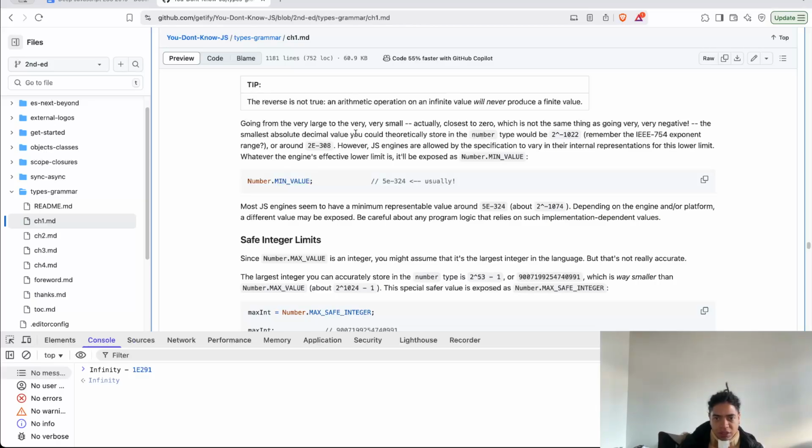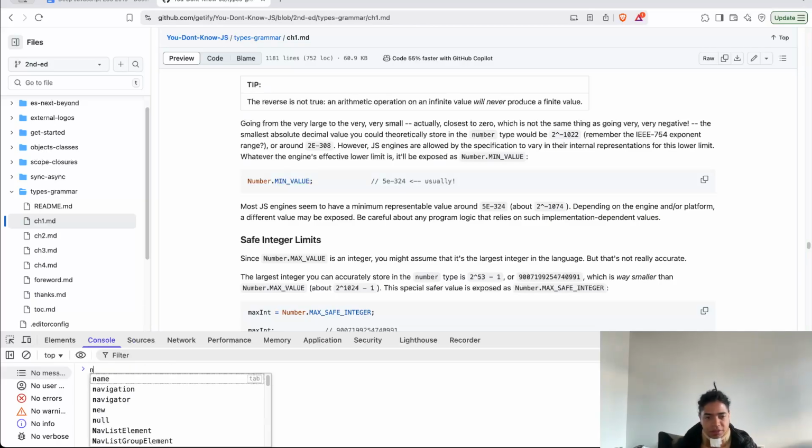However, JavaScript engines are allowed by the specification to vary in their internal representation for this lower limit. Whatever the effective lower limit is, it will be exposed as the min value. Oh, this is the min value.